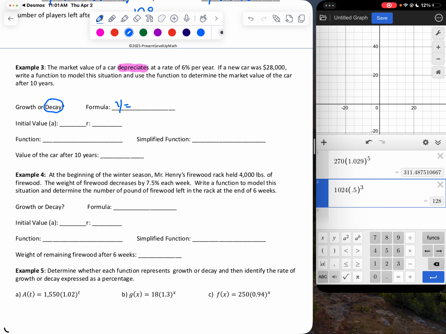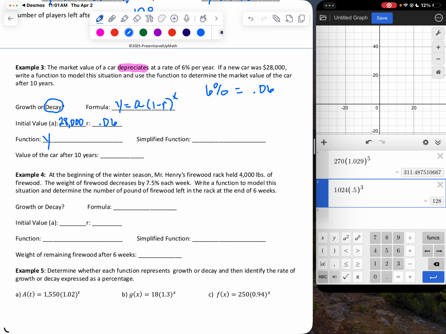So our formula would be A equals 1 minus r to the x power. Now, the initial value of the car, what you bought it for, was $28,000. The rate, remember we have to take our percentage and express it as a decimal, so 0.06.